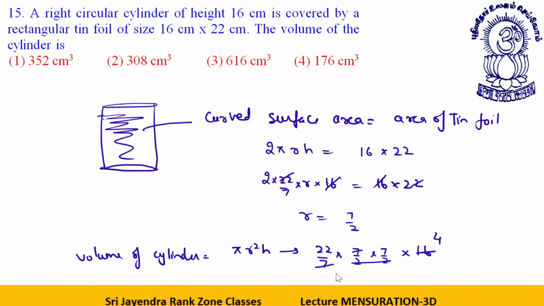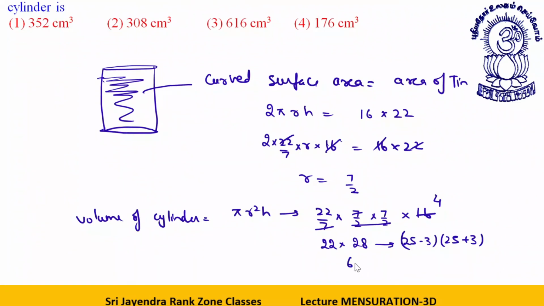So what I am left with is 22 into 7 into 4, that is 22 into 28. This I will read as 25 minus 3 into 25 plus 3, that is 625 minus 9, or I can say 616 centimeter cube. This is option 3, your answer.